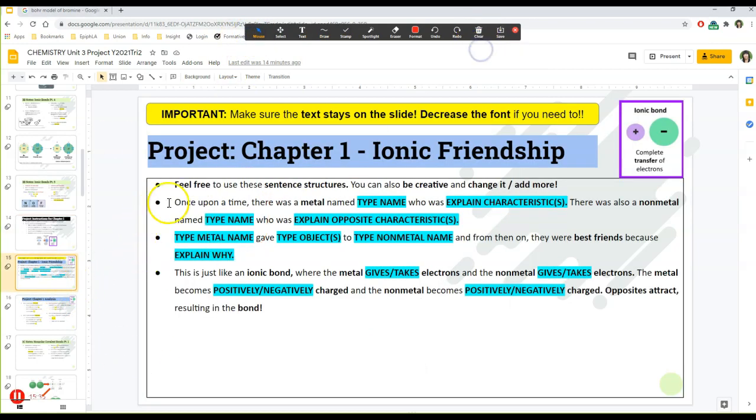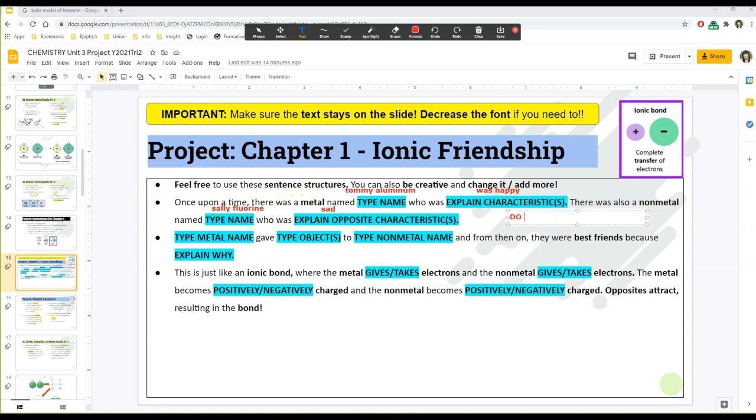Okay, so taking a look here, once upon a time, for example, there was a metal named, all right, so for my example, I said my metal was Tommy Aluminum, who was happy. There was also a non-metal named Sally Fluorine, who was the opposite, which was sad.